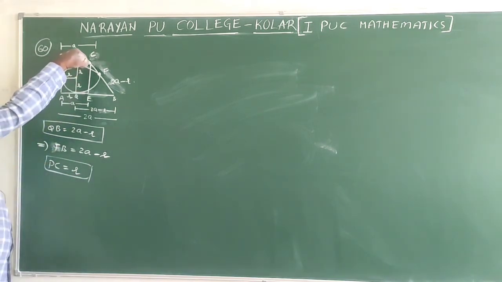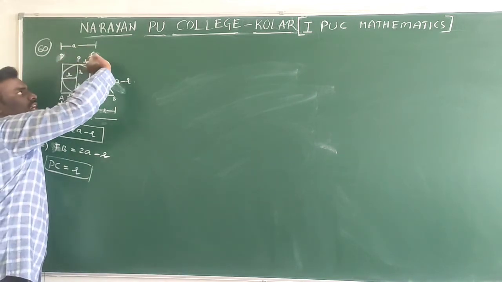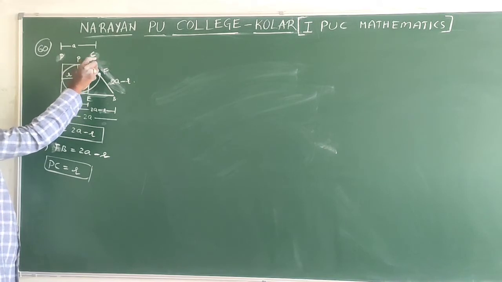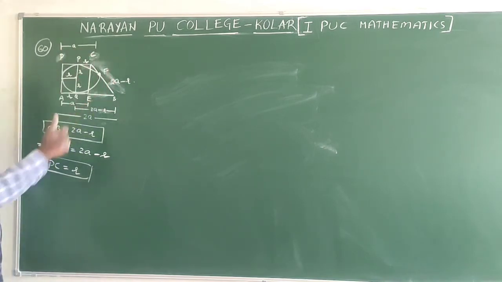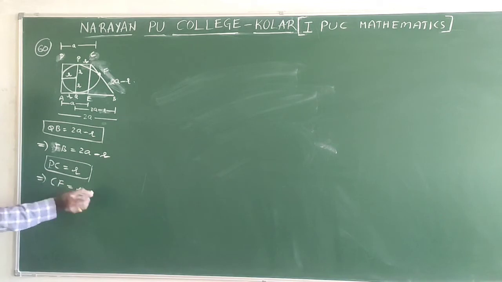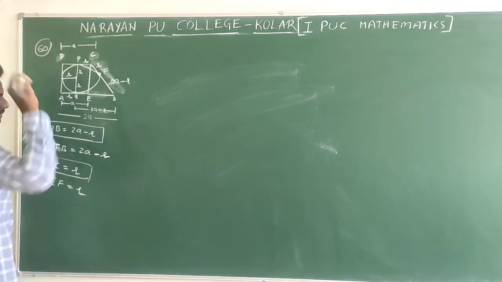But this is the length of a tangent, and this is also a length of a tangent. Both are tangents drawn from C. Now CP length and CF length should be the same. Already CP length is r, then I can write CF length also r. Now I can take this as r.